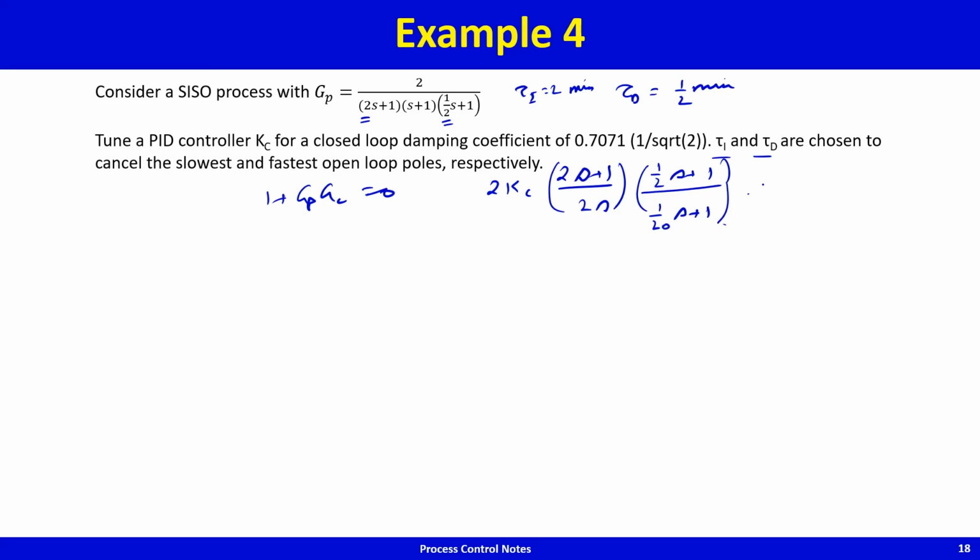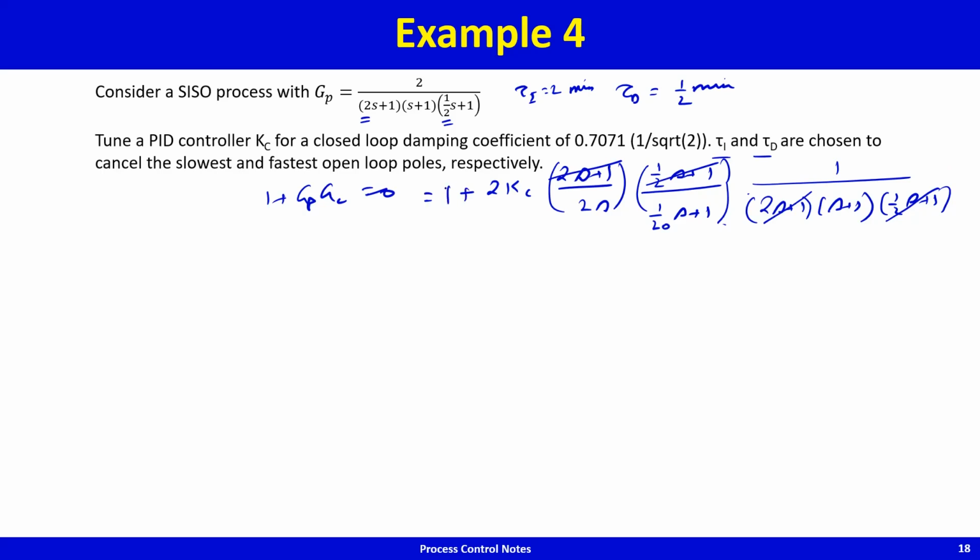Multiply this by Gp. What do we have for Gp? 2, I have already taken, so (2s plus 1)(s plus 1)(half s plus 1). This one cancels by design. I chose my tau I and tau D to do that. And this one plus 1 should be equal to 0.